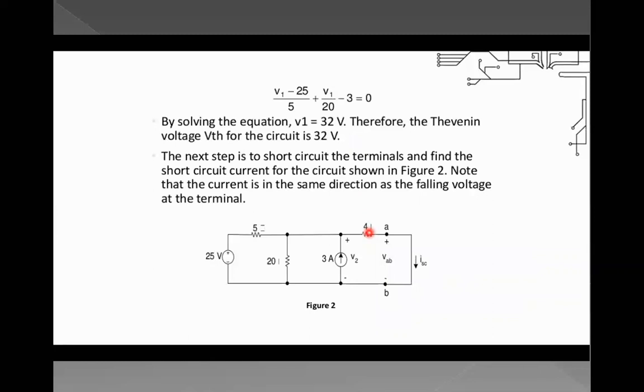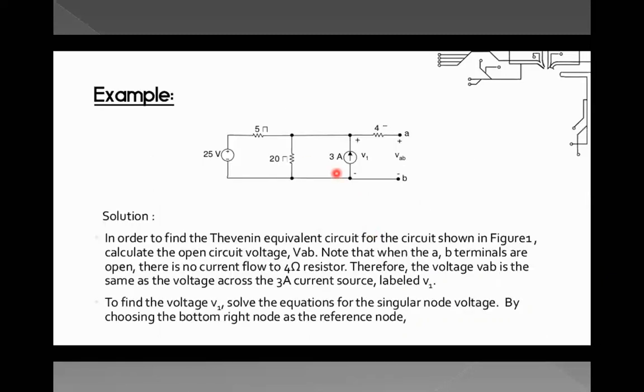So how does this come out? If you see this V1, it should be equal to what? The current I should be equal to V1 minus 25 divided by 5.